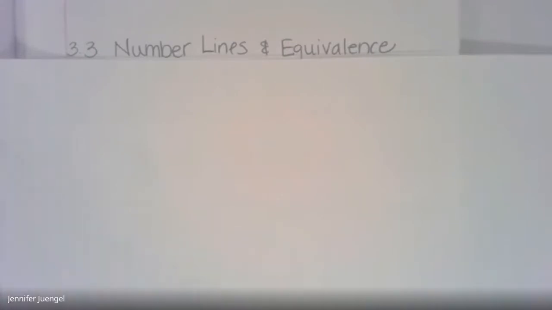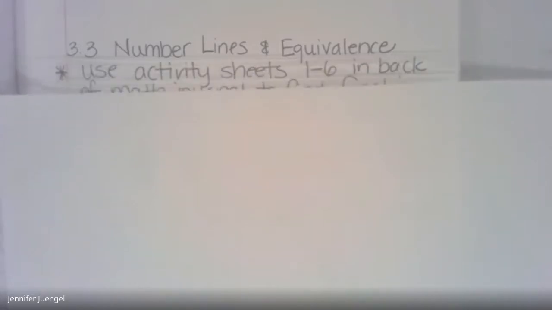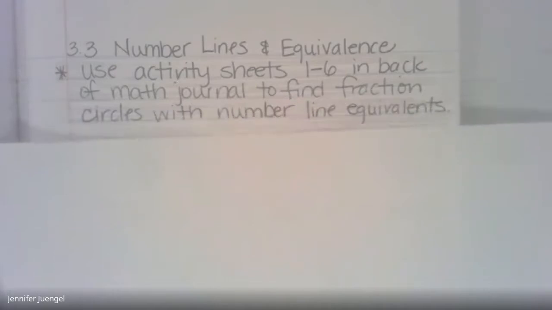So today you're going to want to go to the very back of your math journal and find activity sheets 1 through 6. Activity sheets 1 through 6 are just like the fraction circles that we needed for our last lesson. They're way back in the appendix of your math journal, and they are sheets that are almost like a cardboard type material. If you don't have your paperback math journal, of course, you can always go to the Everyday Math Connect Ed website.